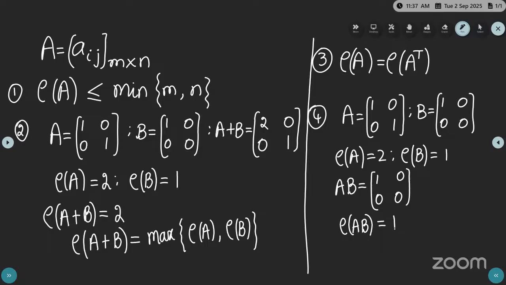So how can you state the relation? Rank of AB is equal to the minimum of rank of A comma rank of B. Okay.